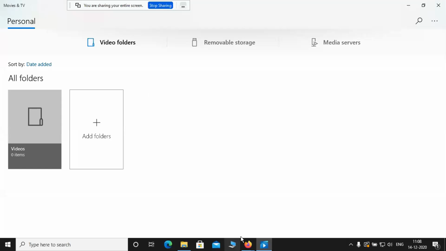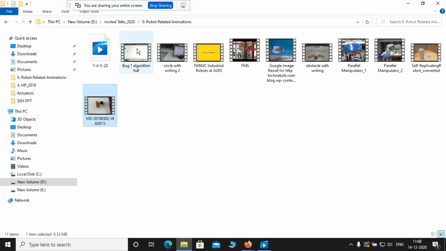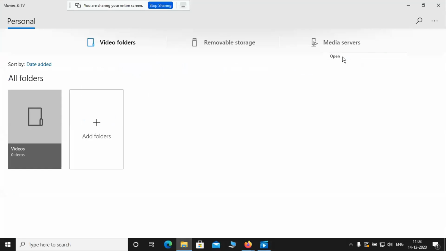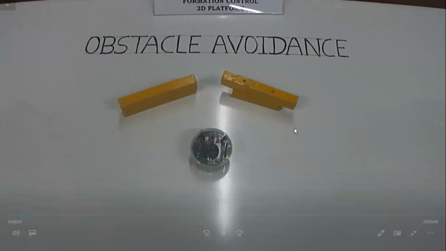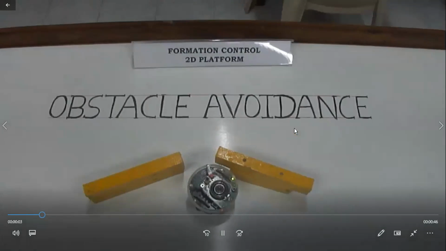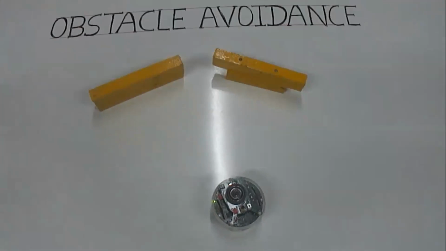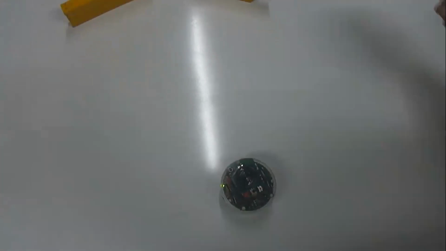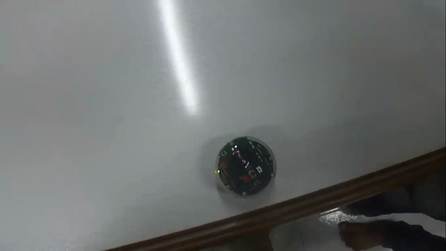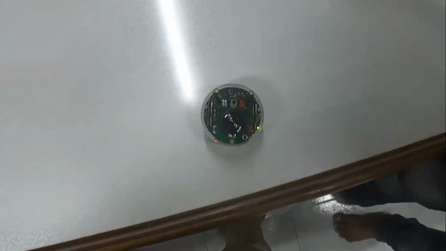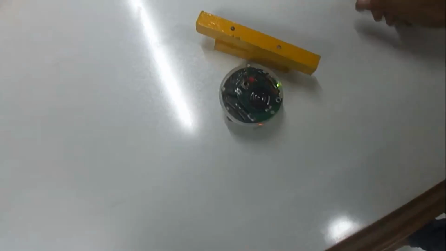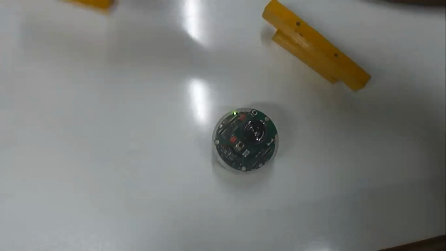Very quickly, I'll show you. Bug one full. Okay. See, it will not hit. The adjustment between the obstacle and the robot is possible to do.